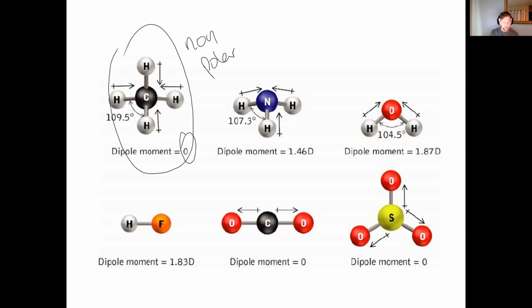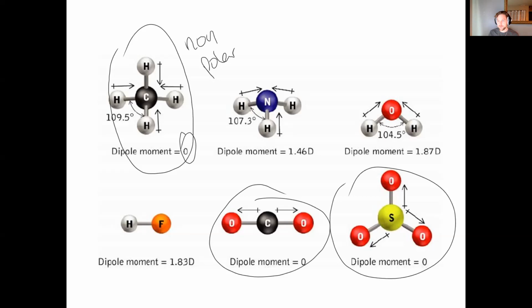And you can see another couple examples of non-polar structures where the dipole moment is 0, even though the individual carbon-oxygen bond shown in carbon dioxide is a polar covalent bond. There is a significant difference in electronegativity between carbon and oxygen, but the symmetry of the molecule cancels that out.